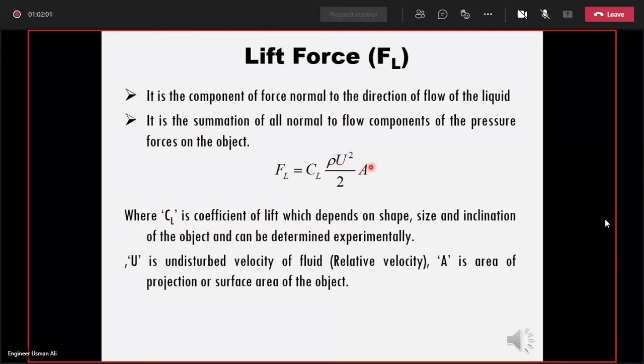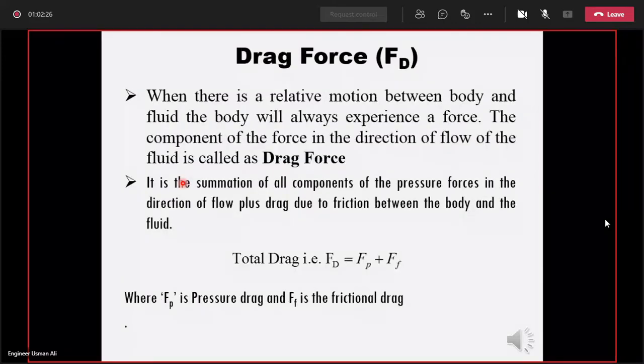We know the area of the plate or body placed, so we can find C_L experimentally. U is the undisturbed velocity of the fluid, which is the relative velocity. A is the area of projection which has the pressure of the fluid, or the surface area of the object.